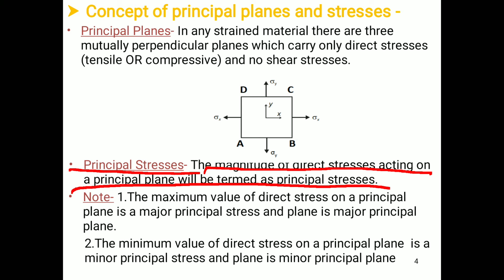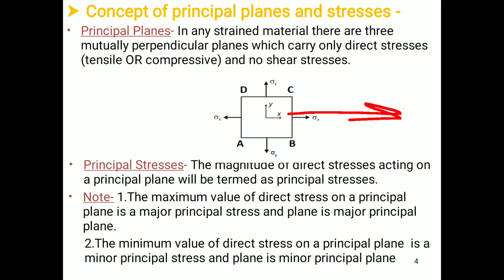The magnitude of normal stress or direct stress is nothing but a principal stress, and since it is acting over the principal plane, it will be termed principal stresses. Suppose that sigma x has some magnitude and sigma y has some magnitude, then they will be called principal stresses.